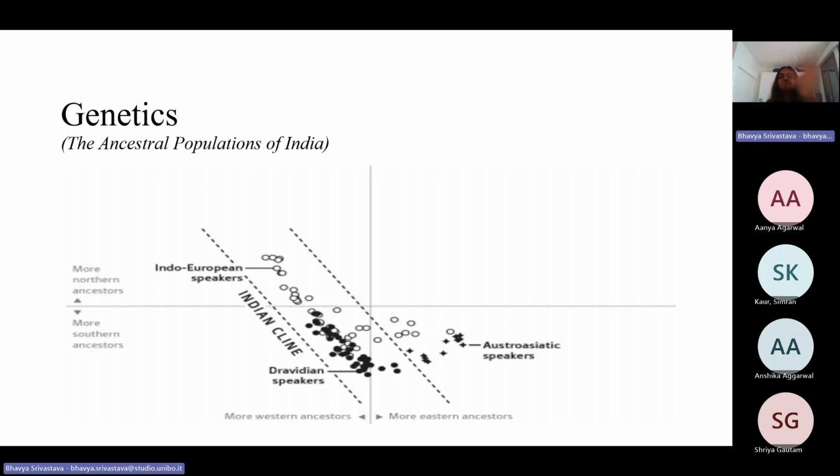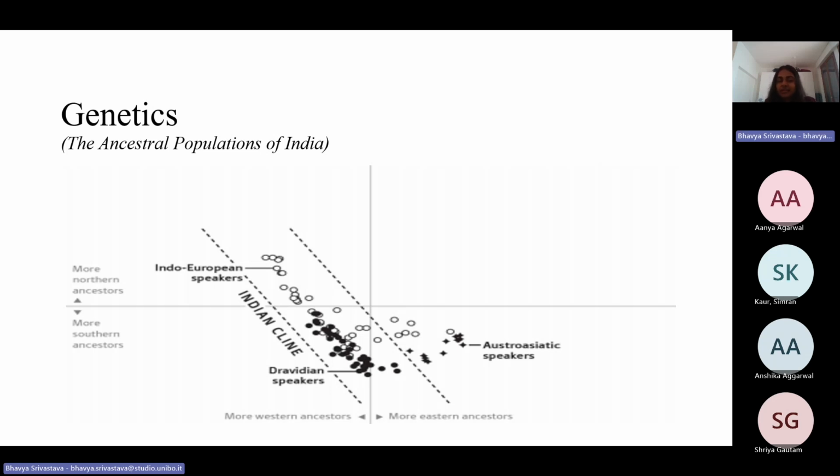So again, the principal component analysis. The white dots here are the Indo-European speakers, and the black dots are the Dravidian speakers, which by default, if we talk about linguistics, can be categorized as the northern or the southern Indians.